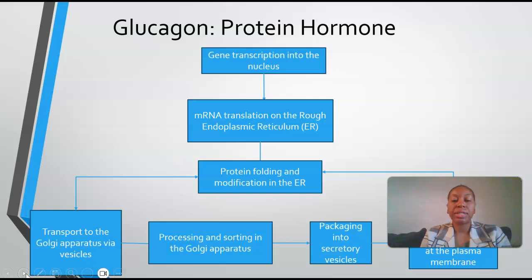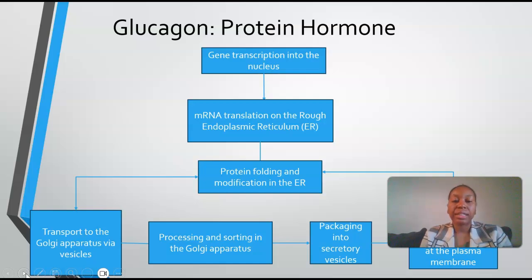The hormone binds to receptors mainly in the liver, as well as the kidneys, heart, adrenal glands, adipose tissues, gastrointestinal tract, and pancreas. This binding activates a G protein that stimulates adenylyl cyclase, leading to the production of cyclic adenosine monophosphate, also known as cAMP.